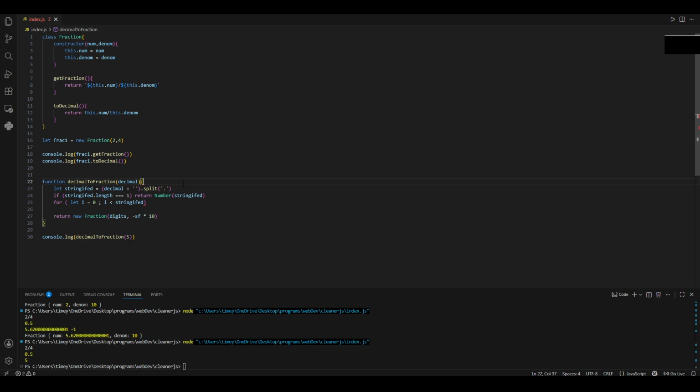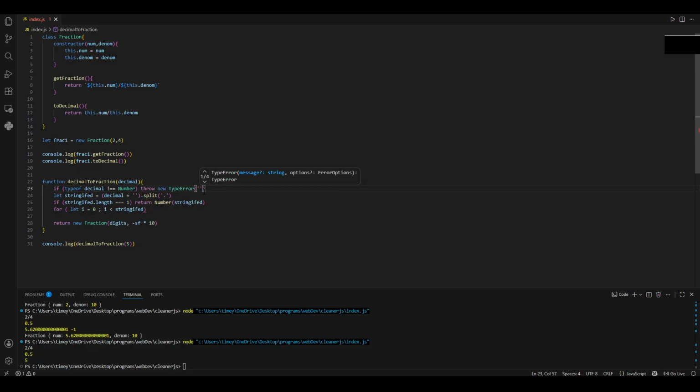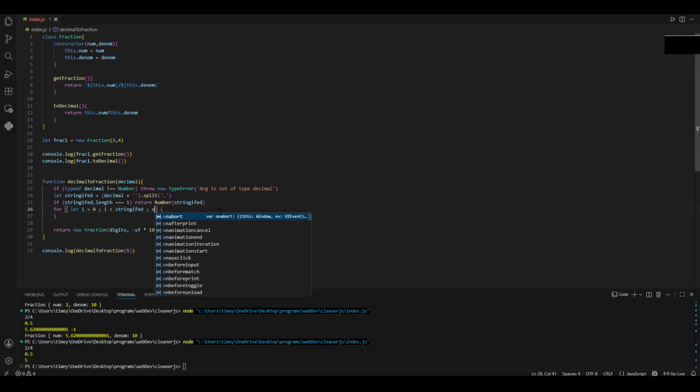and then let's just make sure the type is a string, or type decimal, just in case they throw a string with multiple decimal points or periods. So that works.